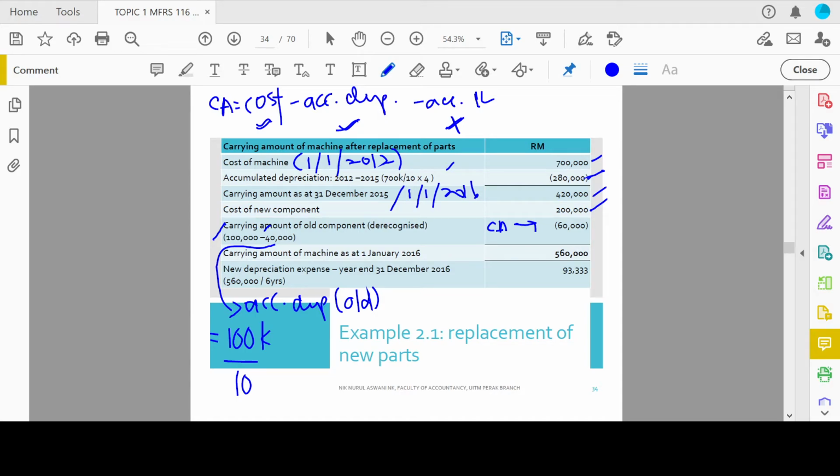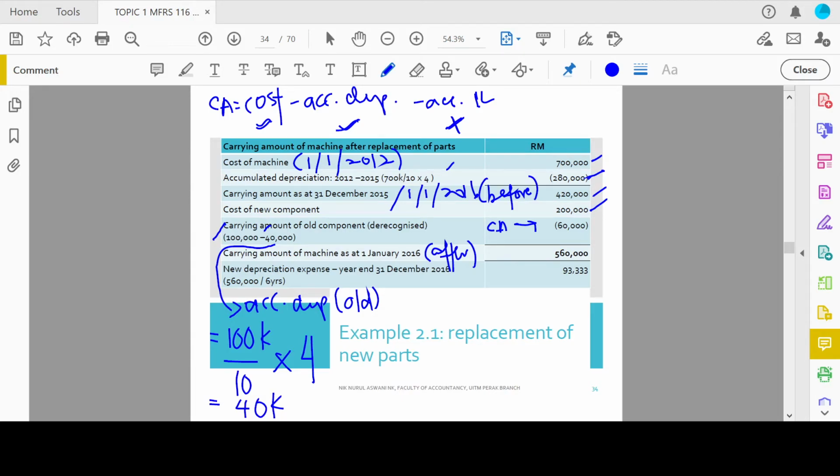So 100k divided by 10 times 4 years equals 40,000. This is the accumulated depreciation for the component. Therefore, the carrying amount is 100,000 minus 40,000 equal to 60,000. Therefore, the carrying amount of machine as at 1st January 2016 after the replacement took place is 560,000.